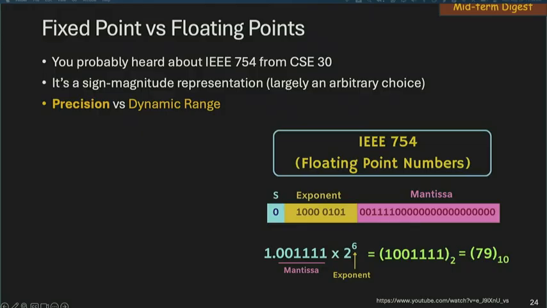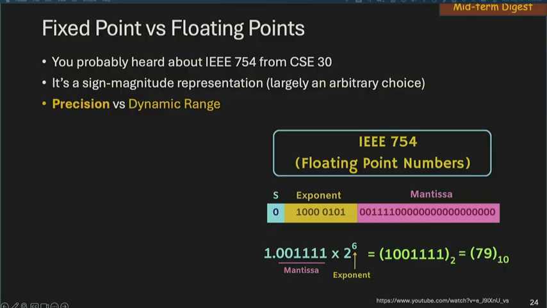The benefit of floating point is that you can represent very large numbers or very precise numbers within a fixed width. Let's say you have a 32-bit fixed point binary number in 2's complement: you can represent up to 2 to the 31 minus 1 on the positive side.